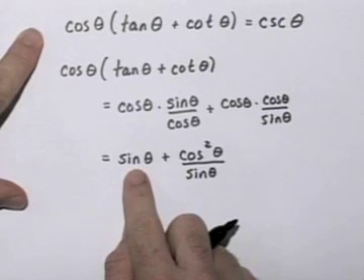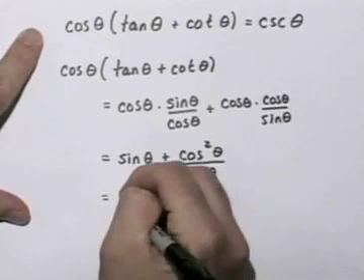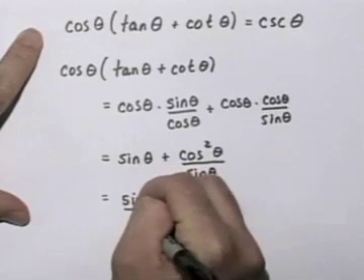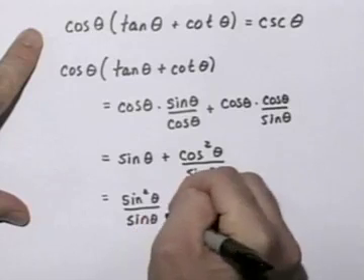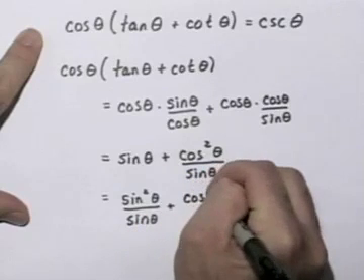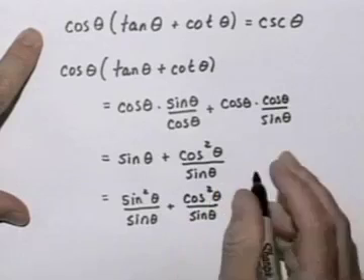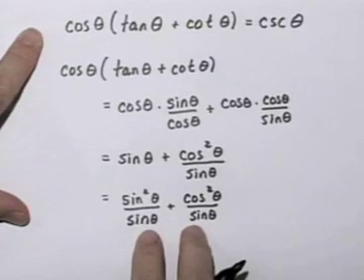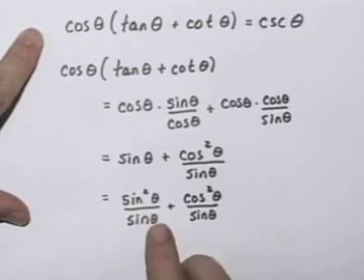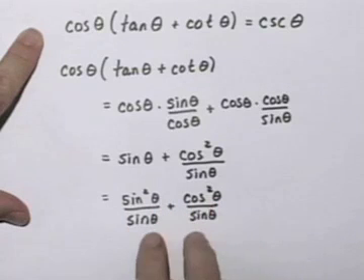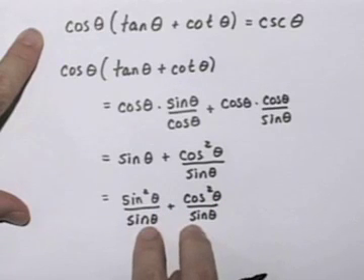So I multiply the numerator and denominator here by sine theta, and I get sine squared theta over sine theta plus cosine squared theta over sine theta. Whenever you have the same denominator, you add the numerators. I get sine squared theta plus cosine squared of theta over sine of theta.